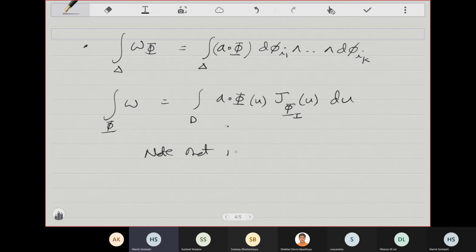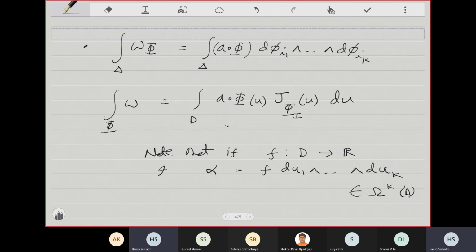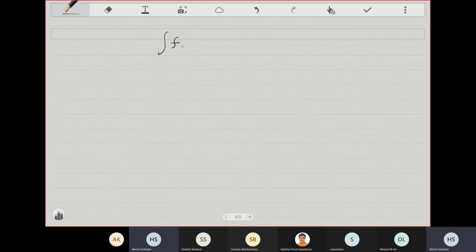Note that if f is a continuous function, and I define a differential form like this, then the integral of f du over D is the same thing as the integral of alpha over delta.